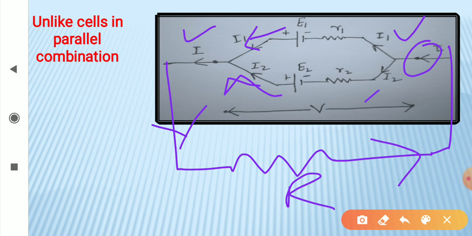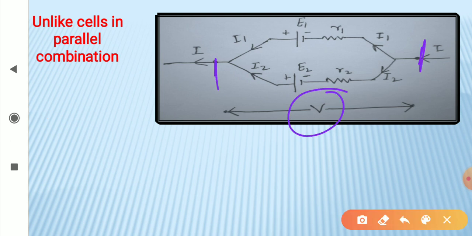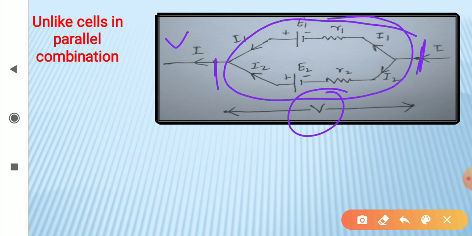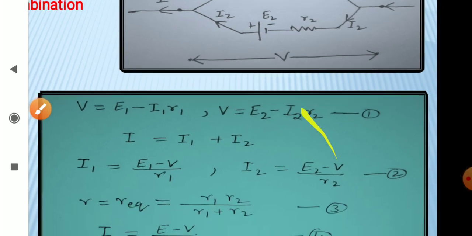Okay, so now we wish to find out the potential difference across this parallel combination. We want to find out this current, and we want to find out the equivalent EMF of this combination, right? So that is the basic aim here. Let's see what we do now.